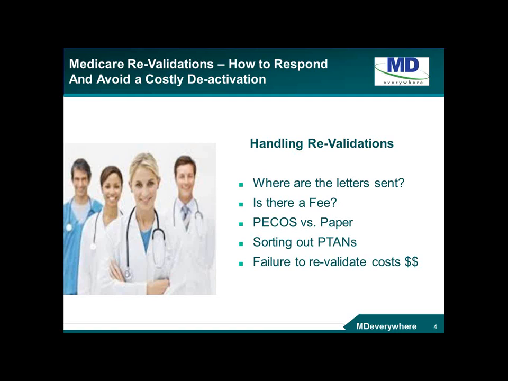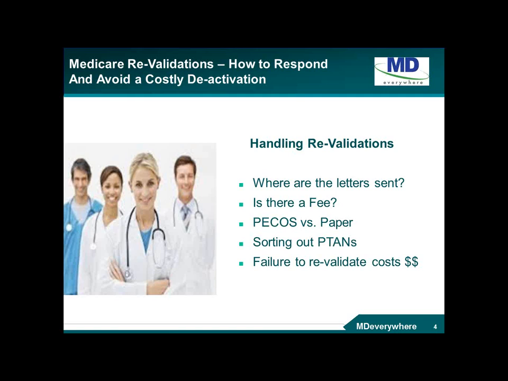Each PTAN will need to be revalidated, and if any are unfamiliar, you will need to deactivate them. Old PTAN research has caused the most delay for our clients. You will receive a separate revalidation if you're enrolled in more than one state or with multiple intermediaries. Each letter received does require a response.